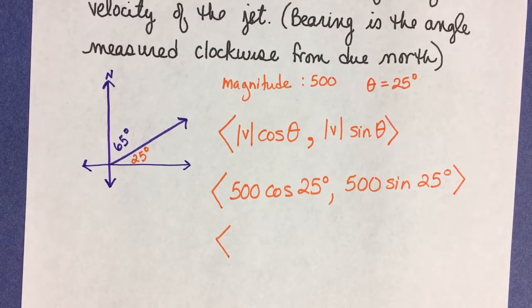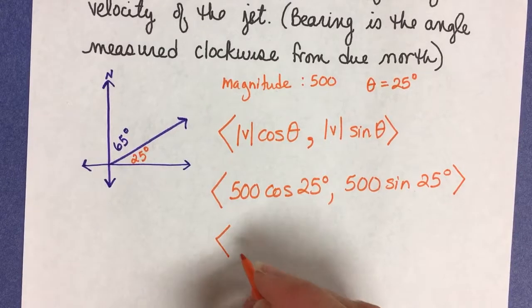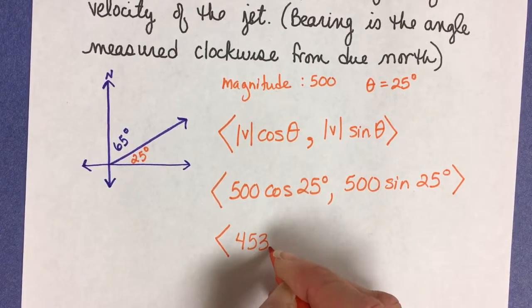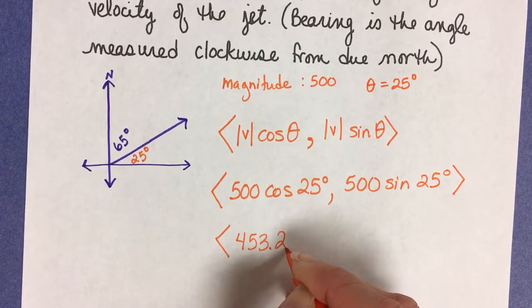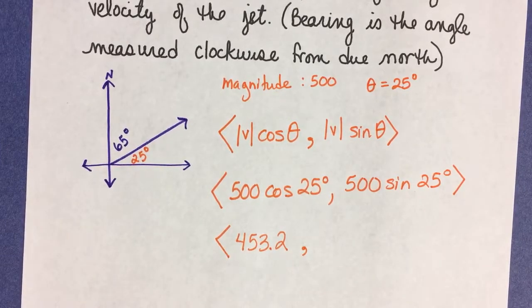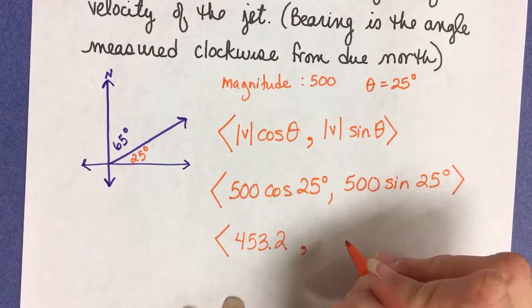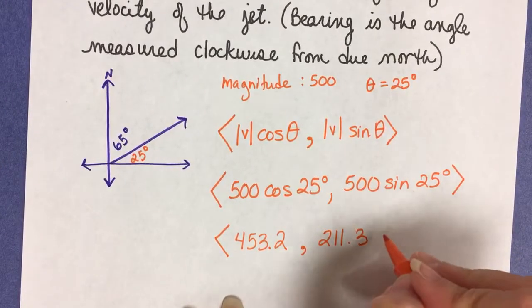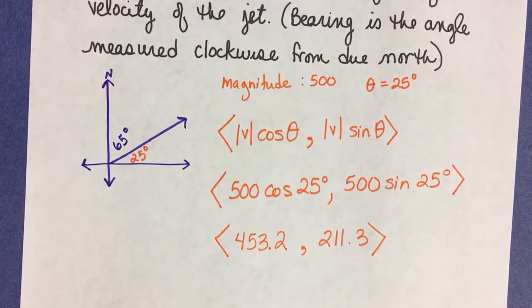Okay, so 500 times cosine 25 is about 453.2. And then 500 sine 25 is about 211.3.